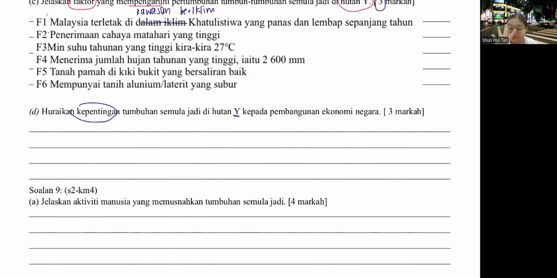And then sumber bahan mentah, perubatan, right? Yes, because they say pembangunan ekonomi. Whenever they tell you pembangunan ekonomi, kepada manusia, terhadap manusia, ekonomi, then your explanation should surround these two things.